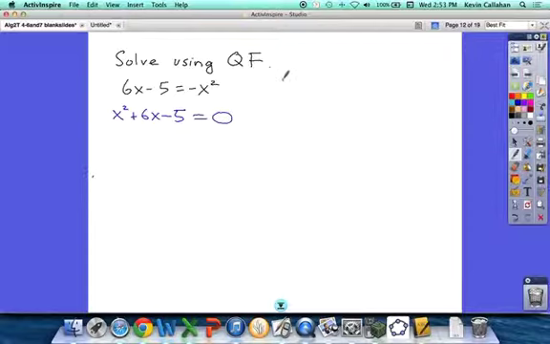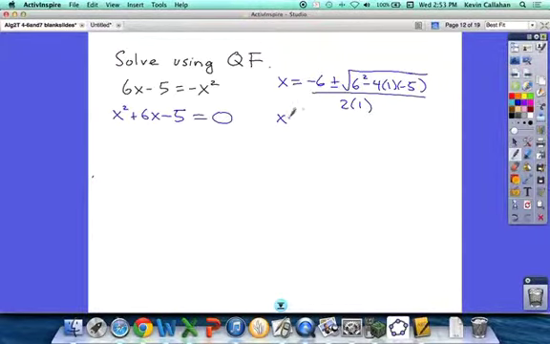So let's do that. X equals negative 6 plus or minus the square root of 6 squared minus 4 times 1 times negative 5, over 2 times 1. All right, just plugging in for the A, B, and C. +36, what goes next? +20, right?